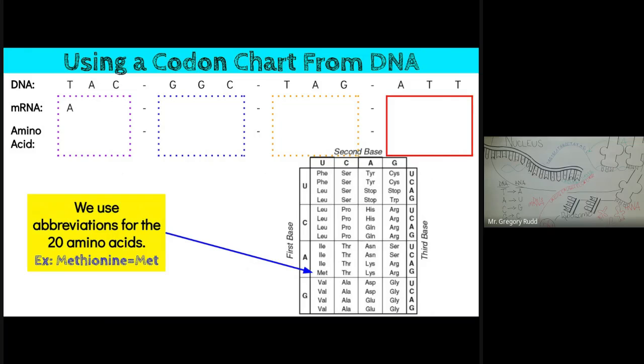It becomes U, because it's mRNA, so we don't have any T in mRNA. So A becomes U, then C becomes G.